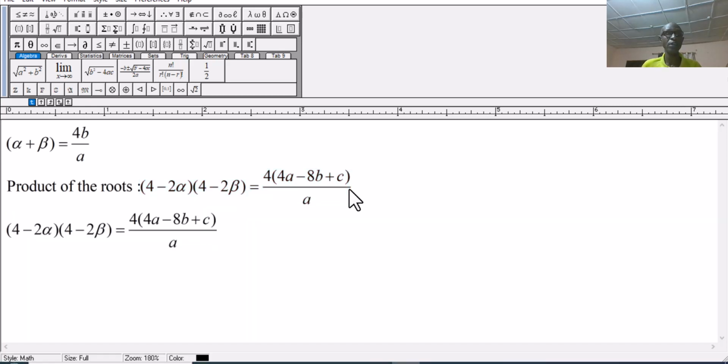Expand and simplify. By the time we open this, it will give us 16 minus 8 beta minus 8 alpha plus 4 alpha beta equals to.